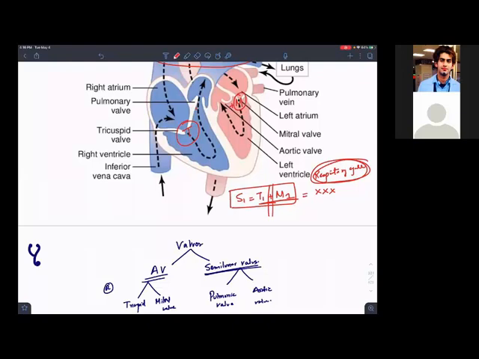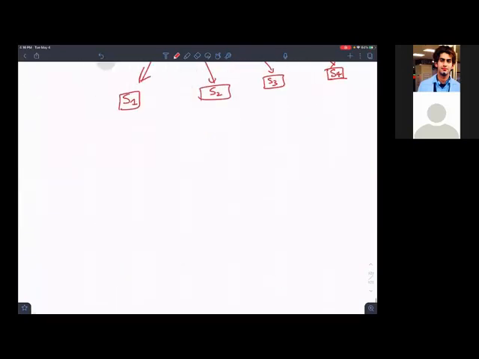Is it clear? Now I want to tell you a minor thing. Maybe you have read it or not. It's written in some books that the mitral valve closes a little earlier, approximately 0.01 second. Mitral valve closes earlier.